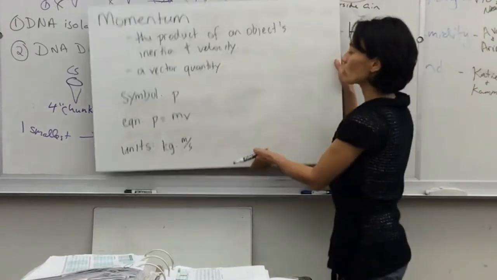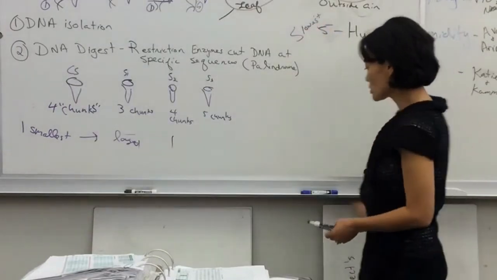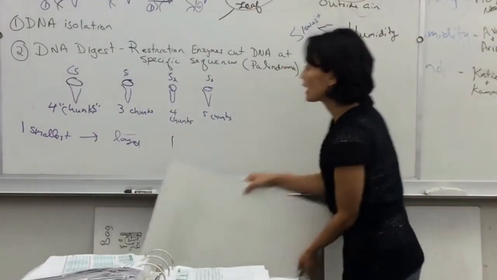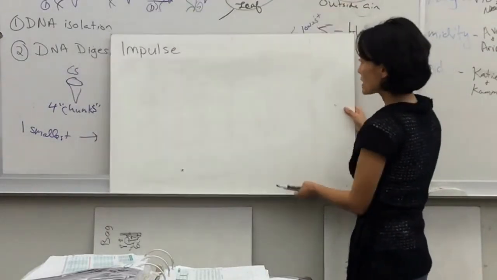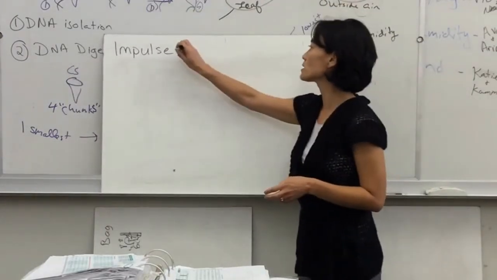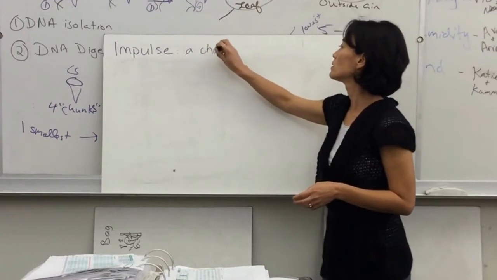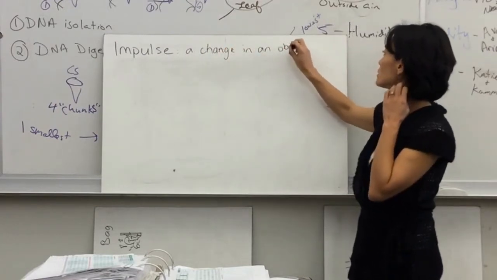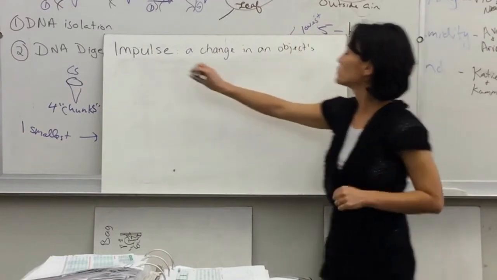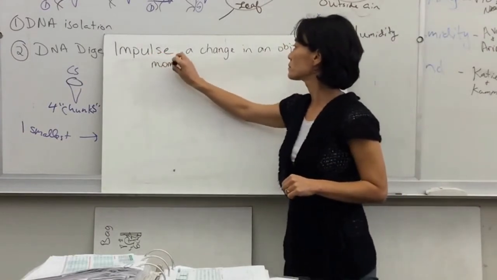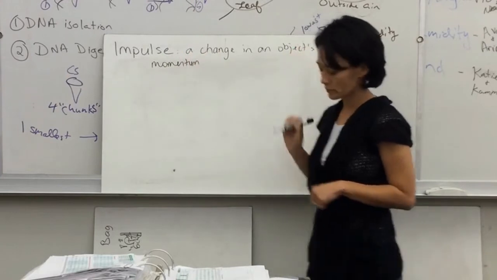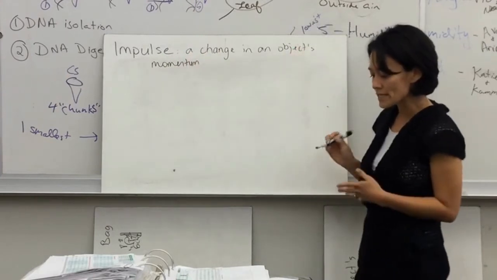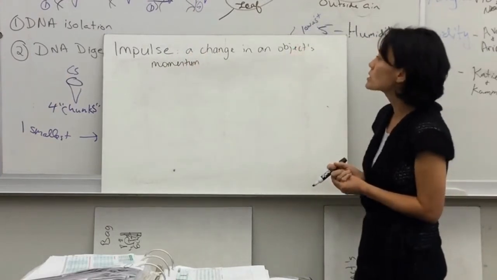Another quantity that we're going to look at is called impulse. And impulse is a change in an object's momentum. There's a couple different ways to think about impulse.